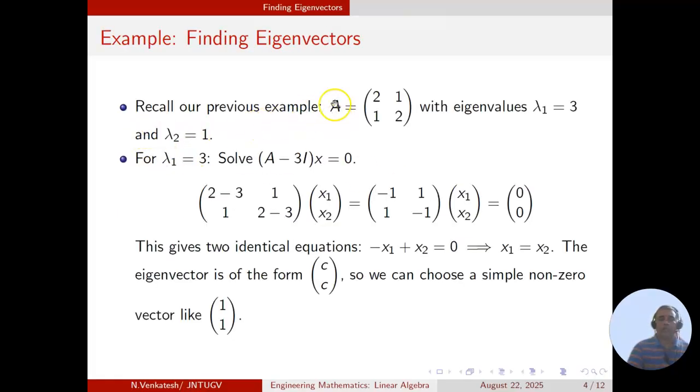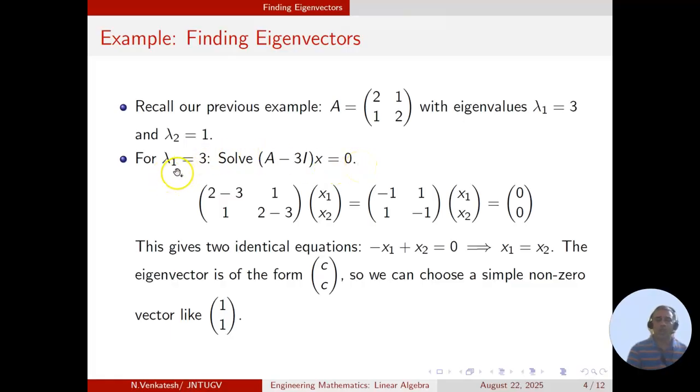So let us suppose A is [2, 1; 1, 2], and then we got the eigenvalues as lambda 1 is 3 and lambda 2 is 1, and substitute that in the original equation. This is actually Ax equal to lambda x. We are finding that x vector, that is, (A minus lambda I) into x equal to 0.